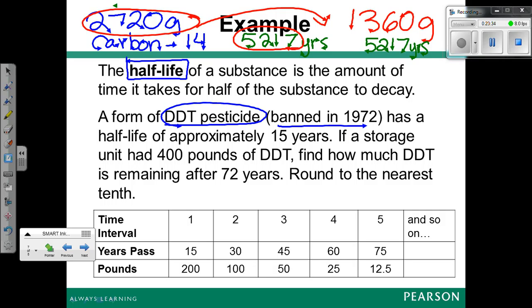All right, going back to this. The half-life of this pesticide is approximately 15 years. If a storage unit had 400 pounds of DDT, so again here, at time 0, there were 400 pounds of DDT, find how much DDT is remaining after 72 years.